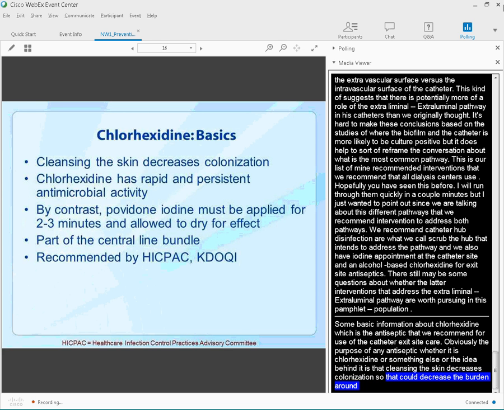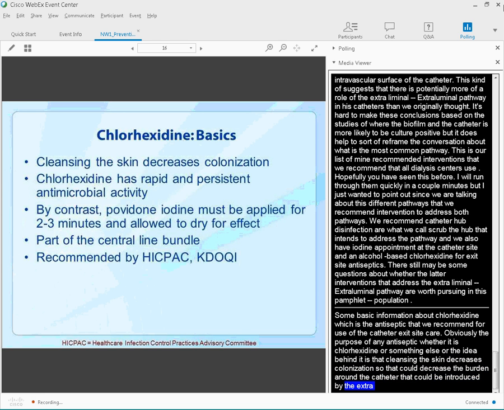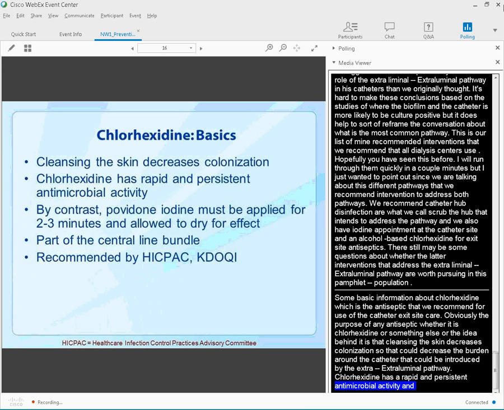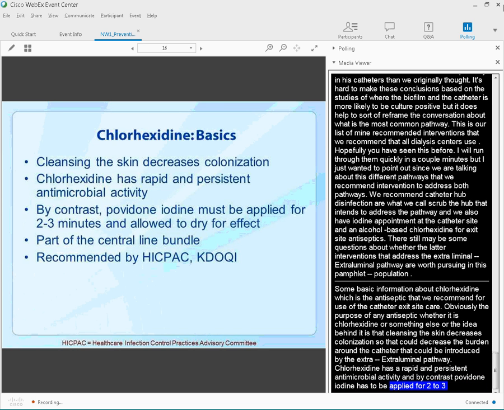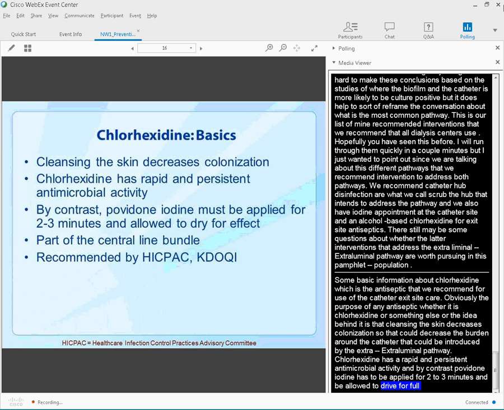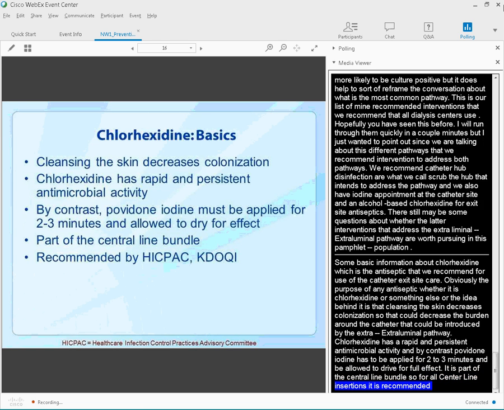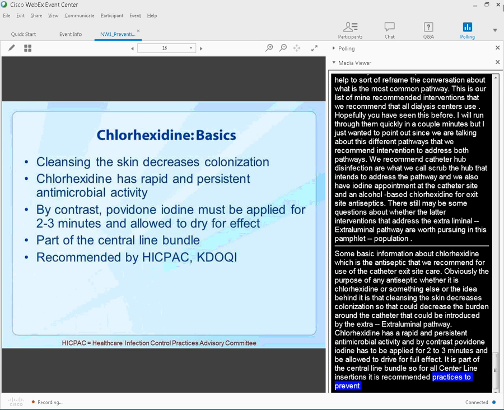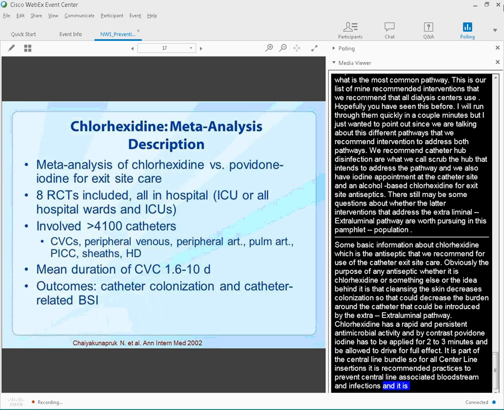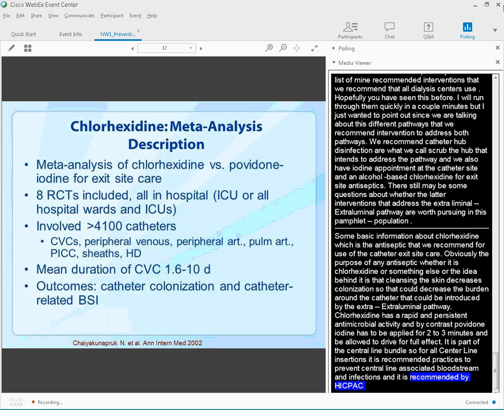Chlorhexidine has rapid and persistent antimicrobial activity, and by comparison, povidone iodine has to be applied for 2 to 3 minutes and allowed to dry for its fullest effect. Chlorhexidine is part of the central line bundle, so for all central line insertions, it's part of the recommended best practices to prevent central line associated bloodstream infections, and it's recommended by HICPAC, the Healthcare Infection Control Practices Advisory Committee, and CDC. And that's specifically for catheter exit site care.